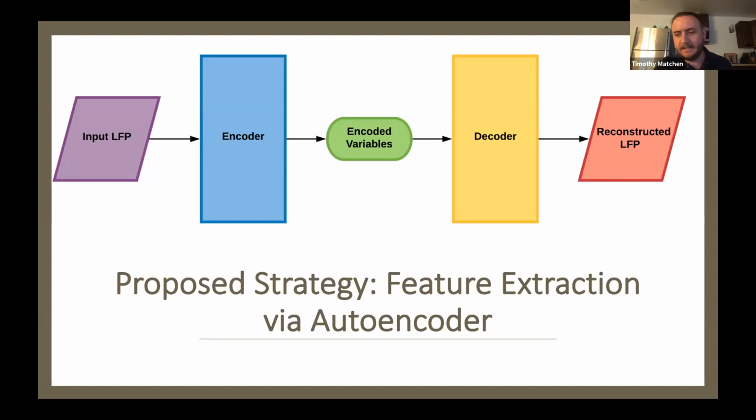If you're familiar with PCA, this is a very similar process. The primary difference is that PCA is a linear mapping, whereas an autoencoder actually allows us to get out a nonlinear mapping of the data.